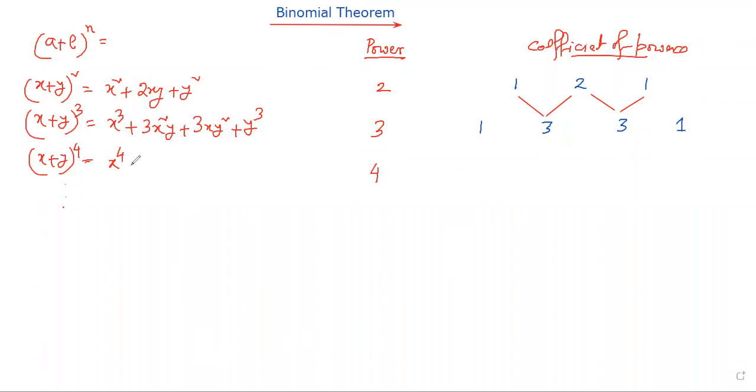Then going on with the reduction: next is x cubed y to the power 1, then x squared y squared, then x to the power 1 y to the power 3, and after that y to the power 4.